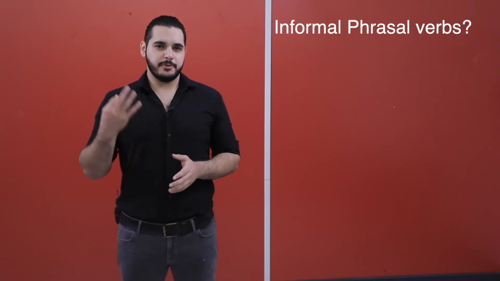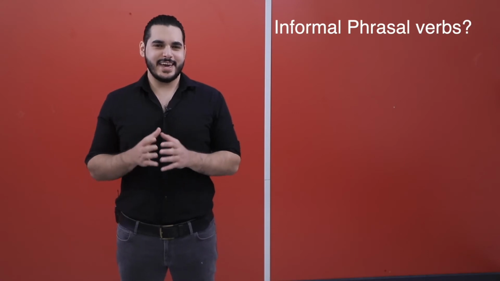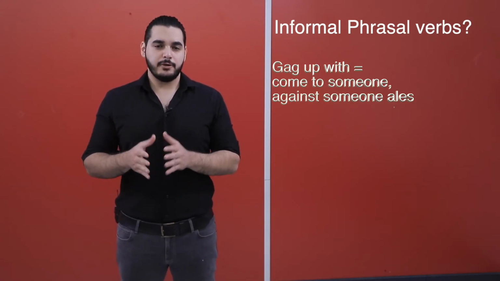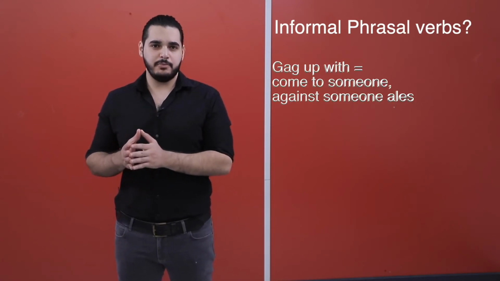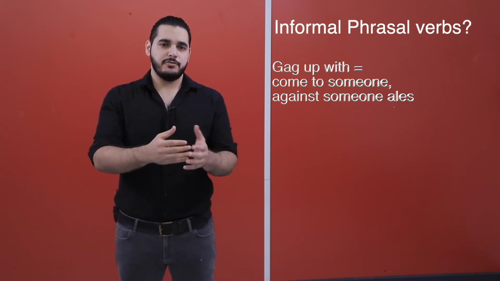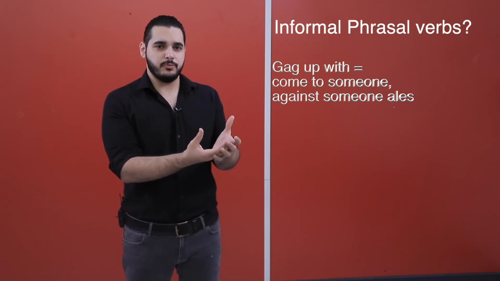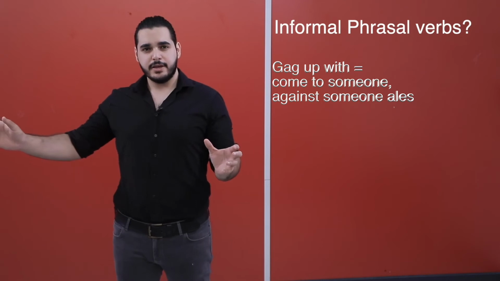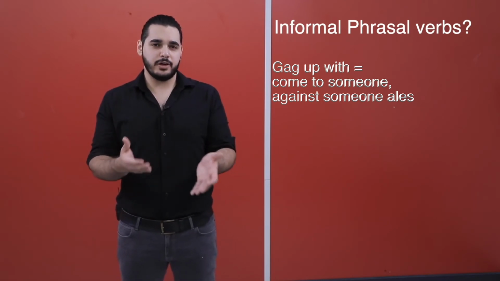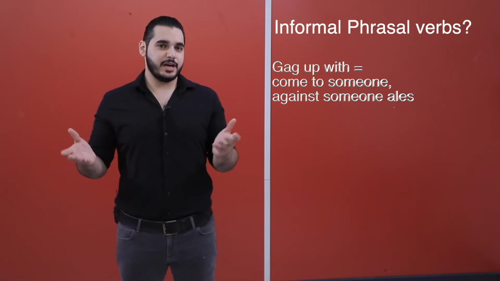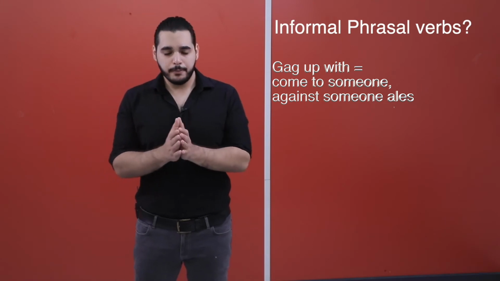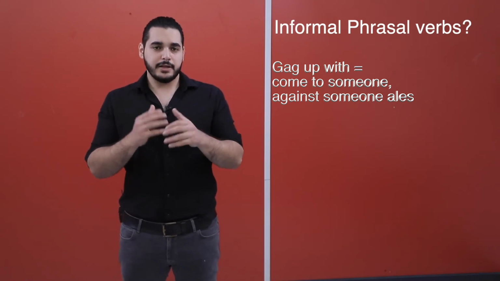Informal phrasal verb number 3 on our list is gang up with. To gang up with someone means to come to someone and form a group with this someone against someone else. This is what's happening in the workplace where Susie and Jack work. Remember them? Let's have an example.